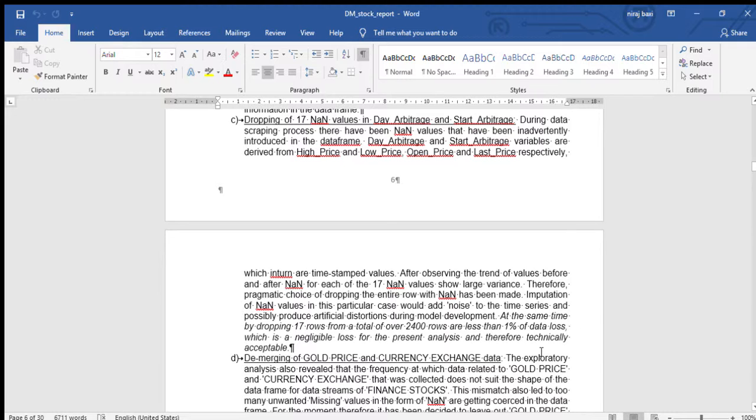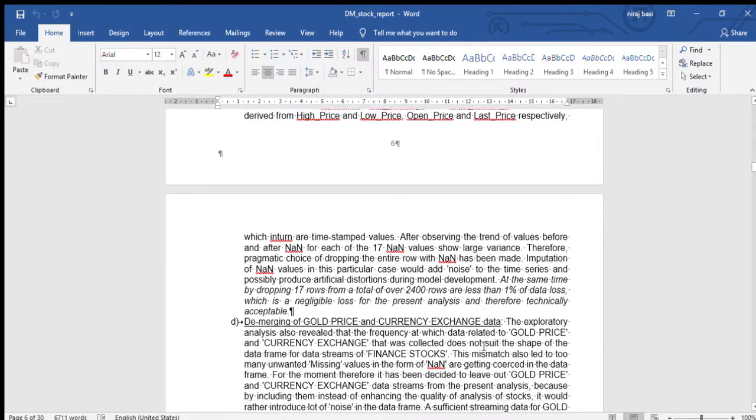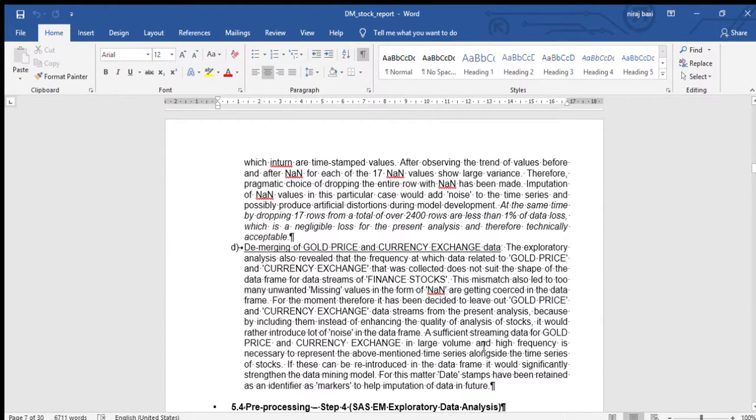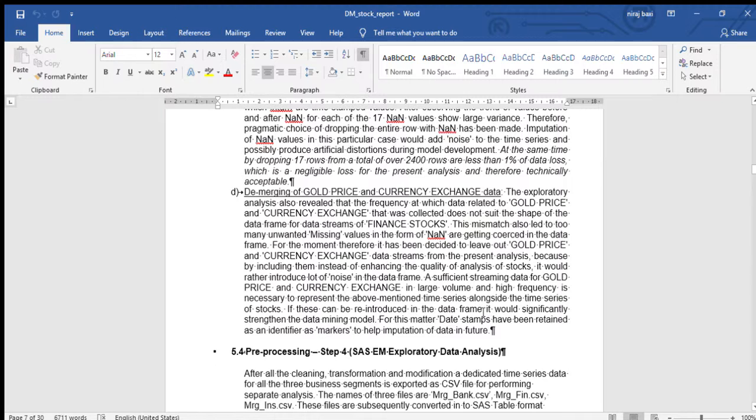Instead of imputing, which is not a good idea when it comes to time series, because time series is high frequency random data generated by actual events happening, imputing it with any kind of statistical measure would bring in distortions in that particular time window. So we chose not to do it. Instead, we decided that 17 is about 1% of the total data, which means negligible information loss in terms of data mining. So we just drop them.